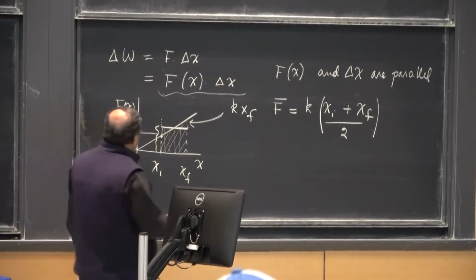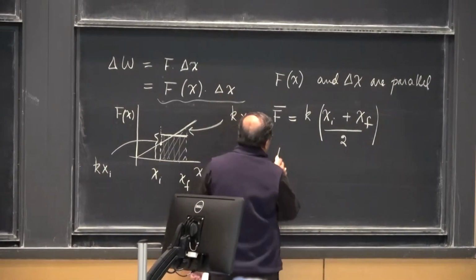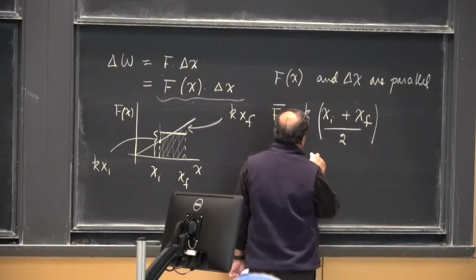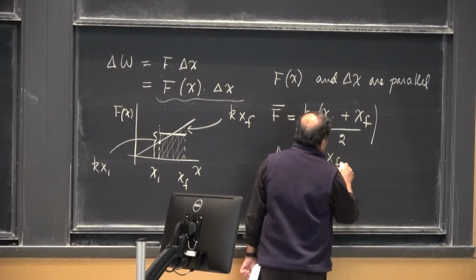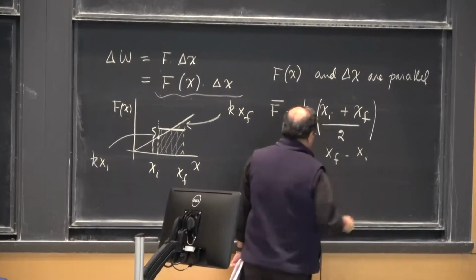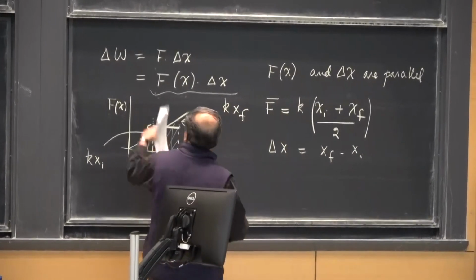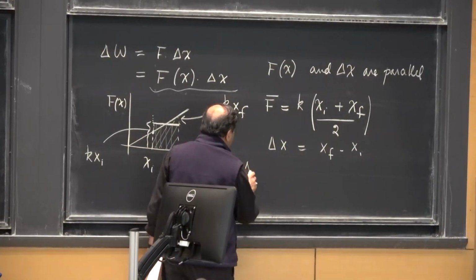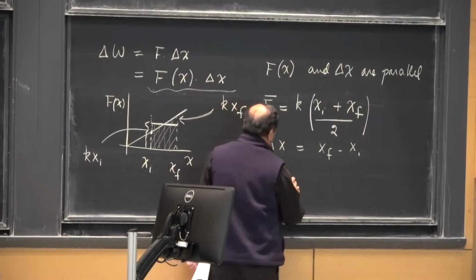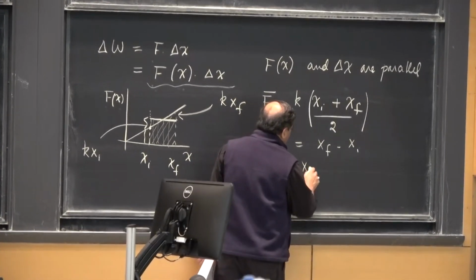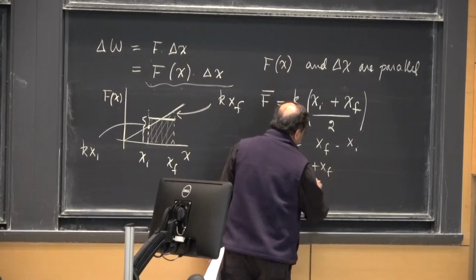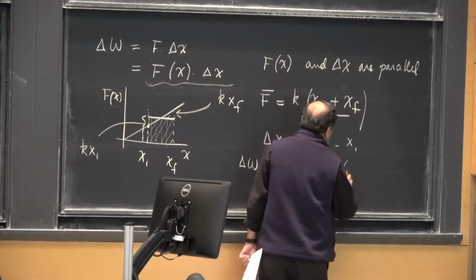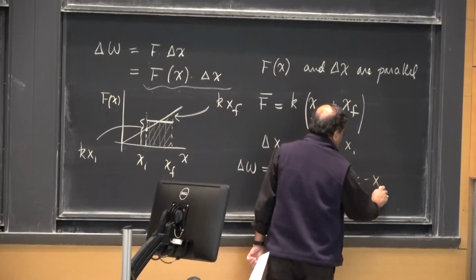And the displacement that has happened, delta X, is going to be X final minus X initial. So now to calculate delta W, I should be able to write K times X initial plus X final divided by 2 times X final minus X initial.